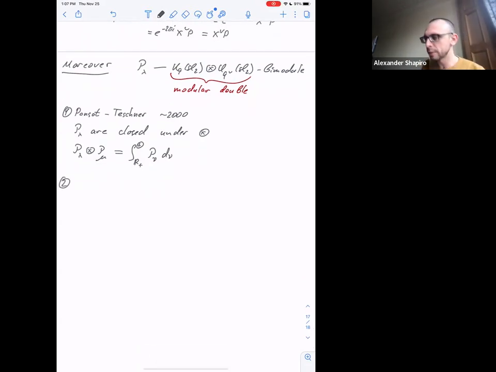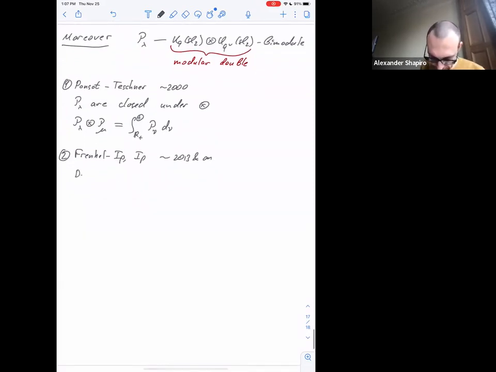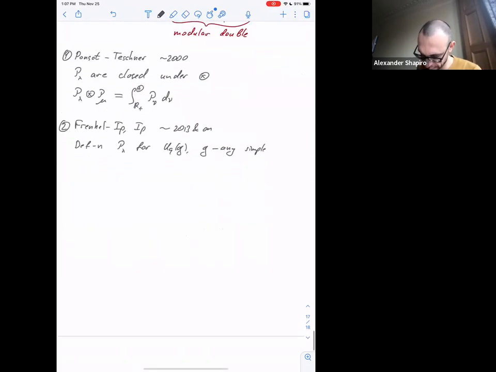Then the second thing that was done goes back to the work of Frenkel and Ip, and then just Ivan Ip on his own. So it's a range of papers. It started in 2013 and on. And what they did, they defined these positive representations for UQG, and here G is just any simple Lie algebra.